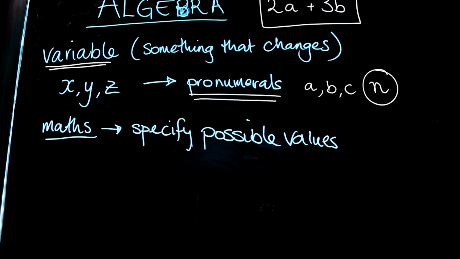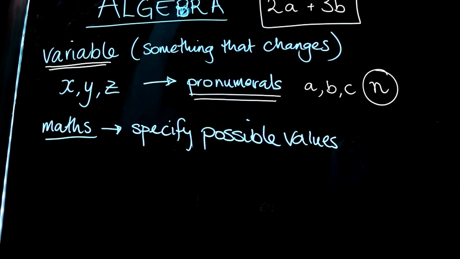In mathematics we talk about a variable as we often specify the possible values for that letter. So we might see along the way, A is equal to 2, B is equal to 3, and so on. We have to keep our eyes open for the value of the letter.